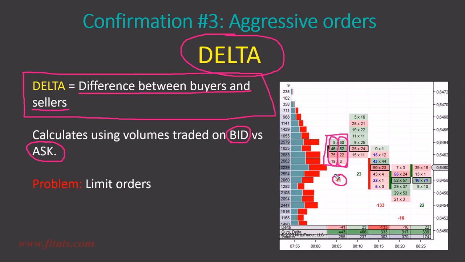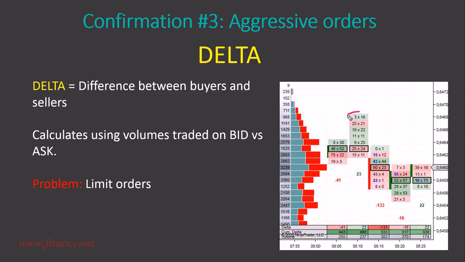You can see the delta below each footprint. If it's green, it's positive. If it's red, it's negative. You can also see delta in a summary in here, those numbers. As you can see, they match. Alright, so this is where you can read delta.